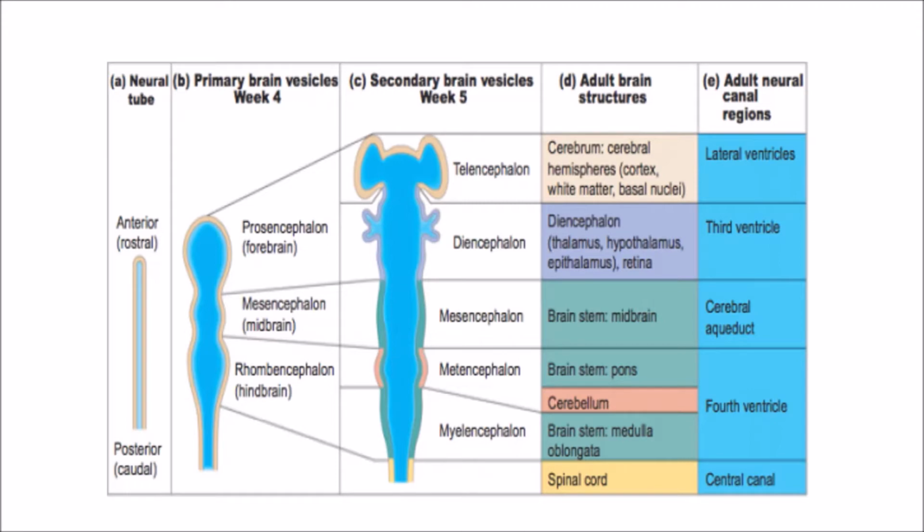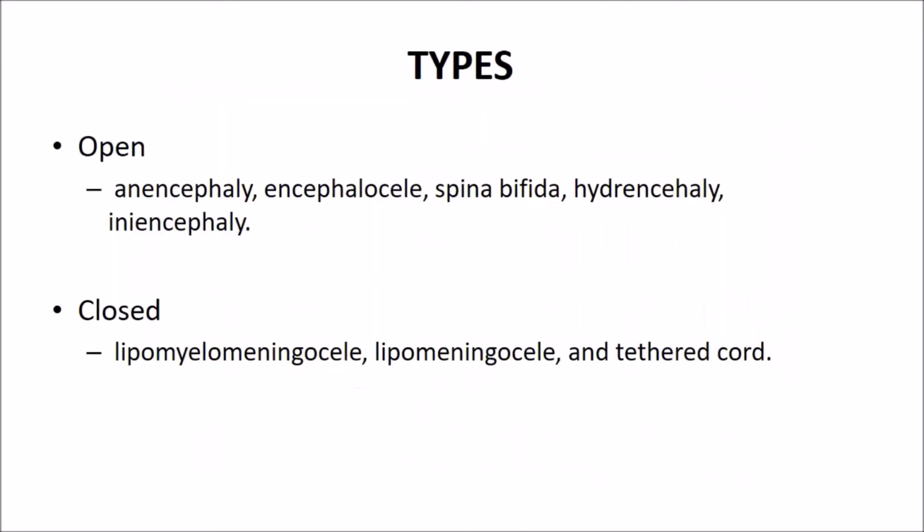Mesencephalon will form the brain stem and the cerebral aqueduct. Metencephalon will form the pons and the cerebellum, and the myelencephalon will form the medulla oblongata. The spinal cord will be formed at the lower end of the neural tube.